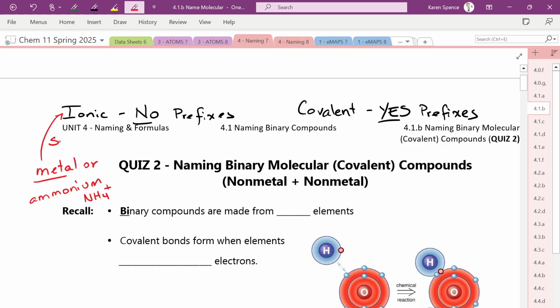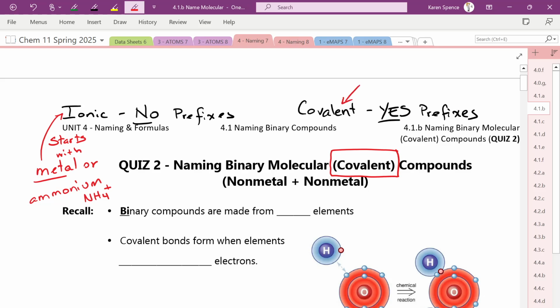It starts with. So that's an ionic compound, and we don't use any prefixes. So that's like the previous one. So when you go back and you do 4.1a, you will not be using prefixes. When you go to 4.1b and we're looking at covalent compounds, yes, we have prefixes.